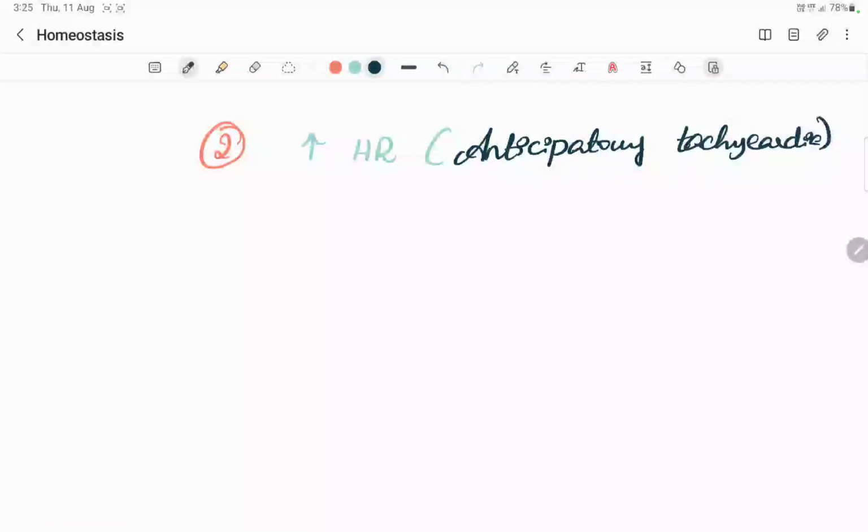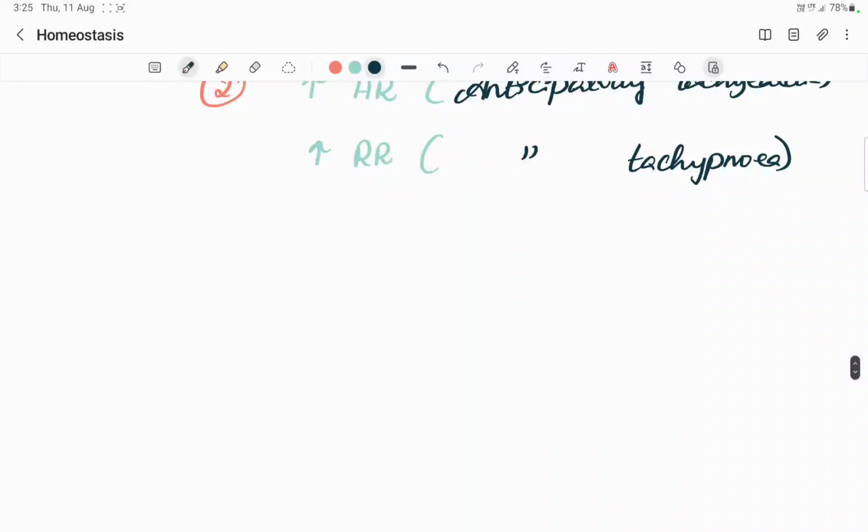Okay, there's an anticipatory tachycardia as well as an anticipatory tachypnea, an increase in the respiratory rate. Okay, when someone is thinking of doing exercise, before the stimulus occurs.